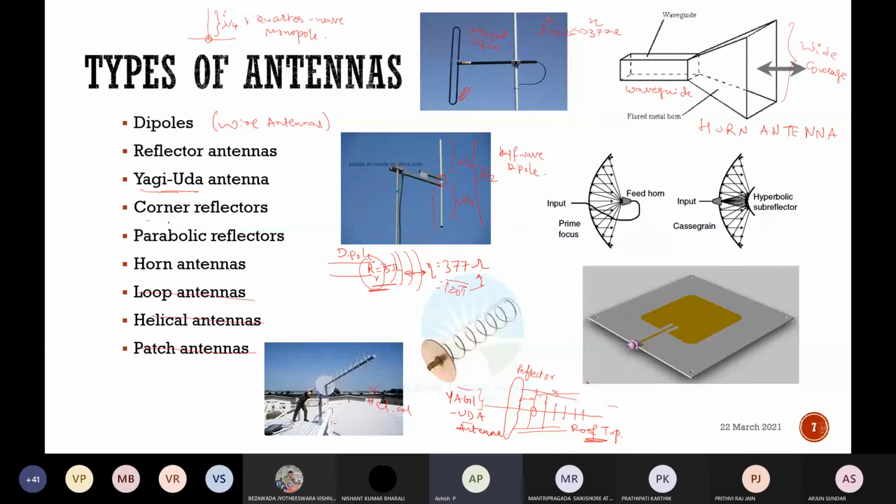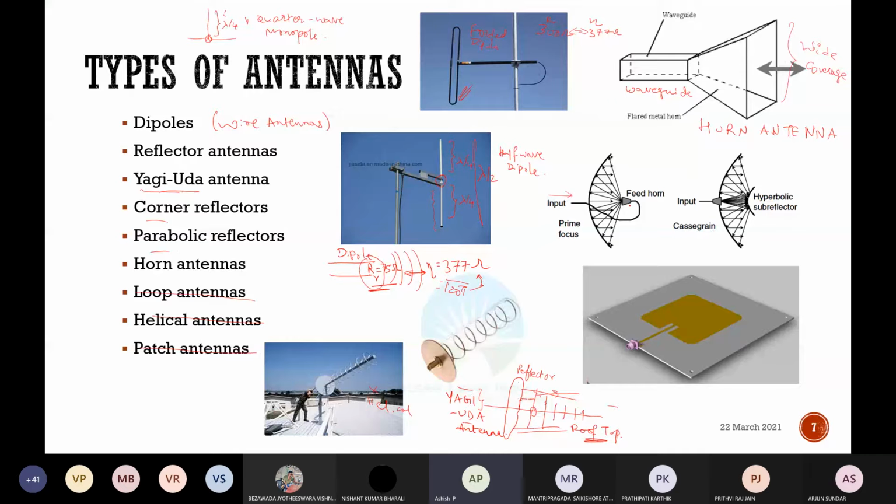Then we have the corner reflector or parabolic reflector. They have this kind of structure in the general DTH, Tata Sky kind of things. What they operate is, there is an input coming from here through the transmission line, and it is first fed to this horn. Here one small horn antenna is there.